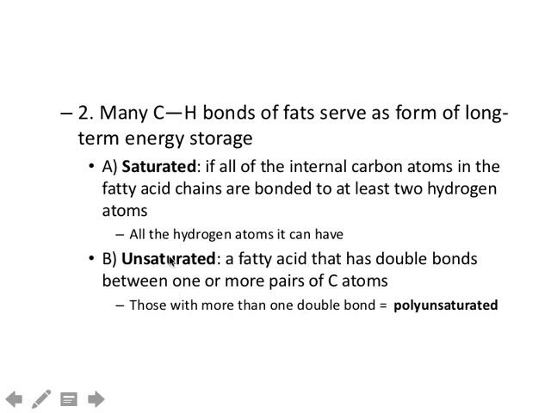Now, unsaturated means that we can't hold all the possible hydrogens. We have some double bonds occurring. So if I'm looking at, we'll just say a 2-chain lipid, even though those don't really exist, this would be saturated because it's holding all possible hydrogens that it can hold.